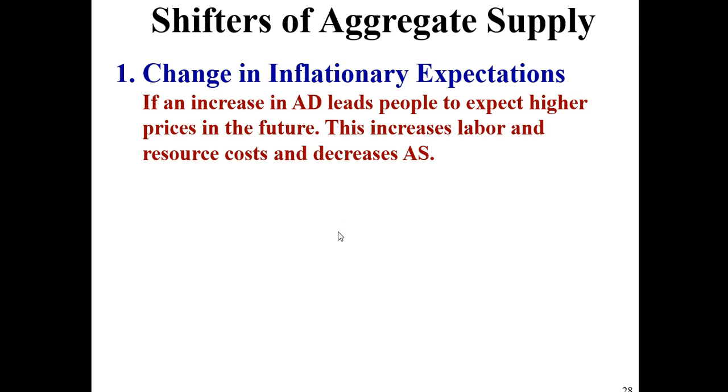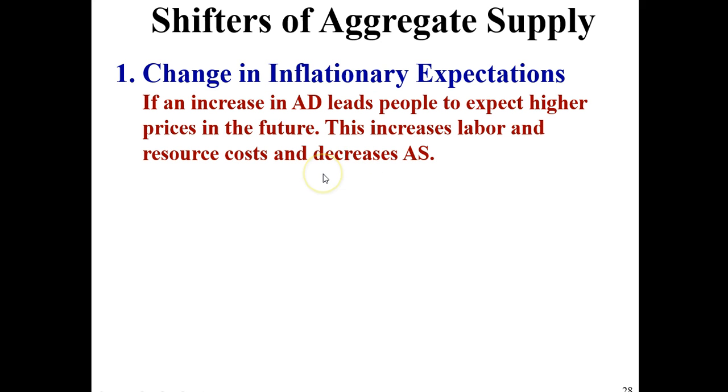The first one is a change in expected inflation. And this is an important one to understand. People respond to their expectations about what they think the future is going to bring, particularly when it comes to inflation. So if an increase in aggregate demand leads people to expect even higher prices in the future, you're going to have inflationary expectations.